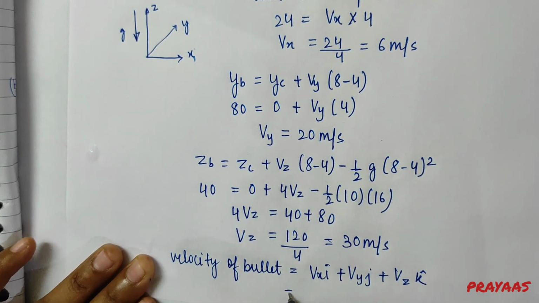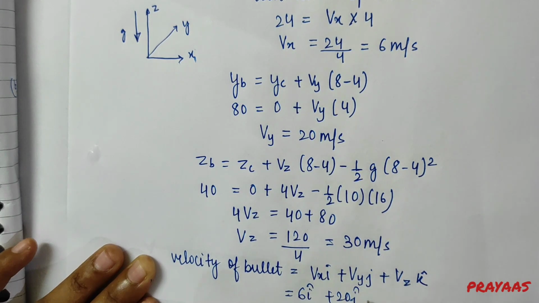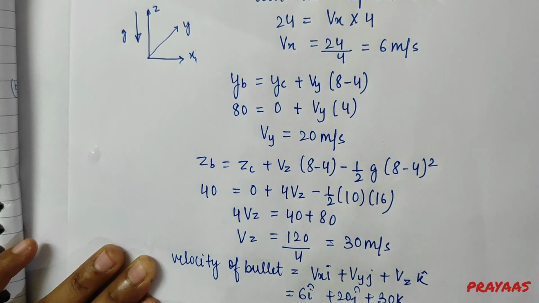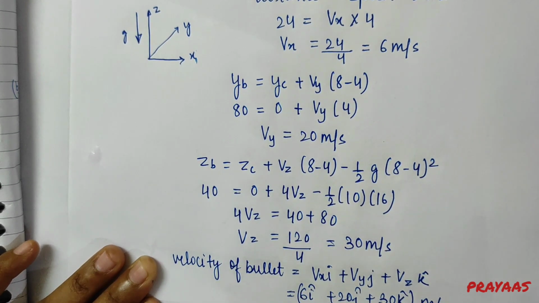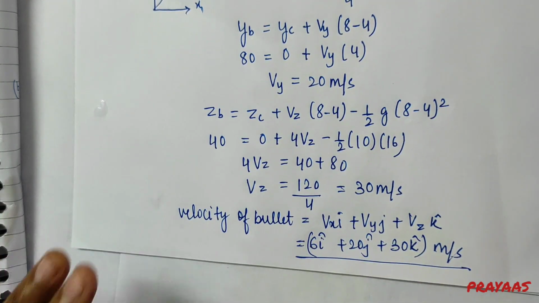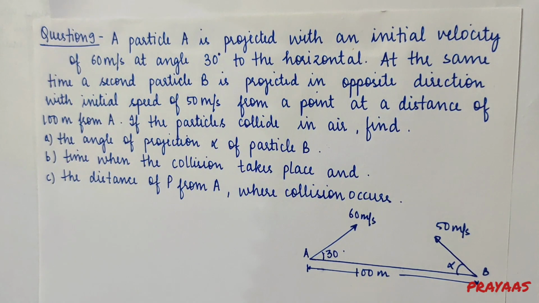That will be equals to 6 i cap plus 20 j cap plus 30 k cap meters per second. This is the answer. Next question.